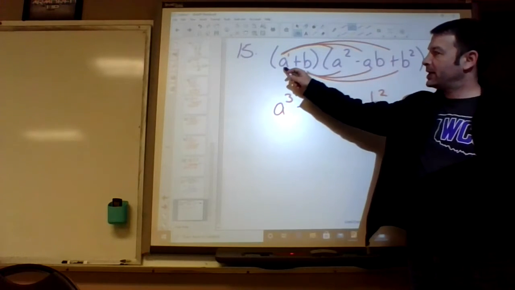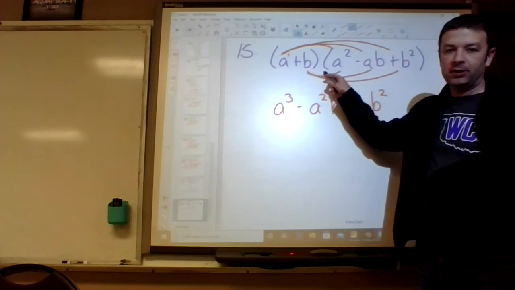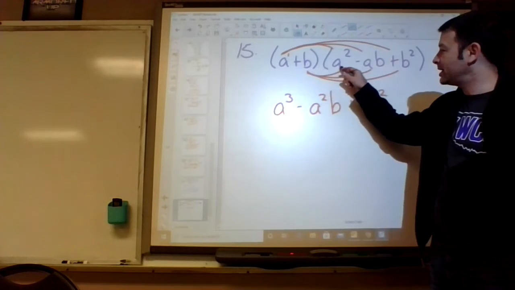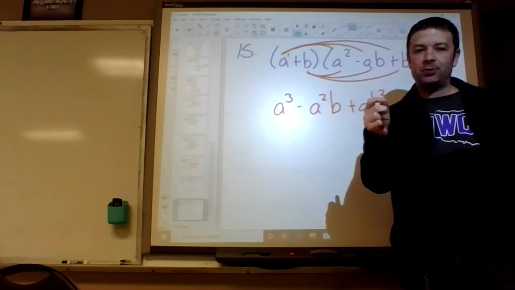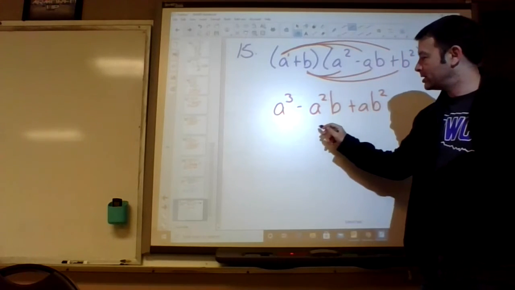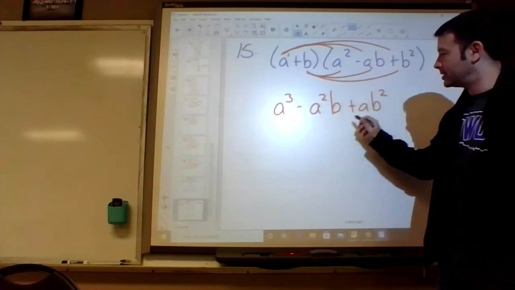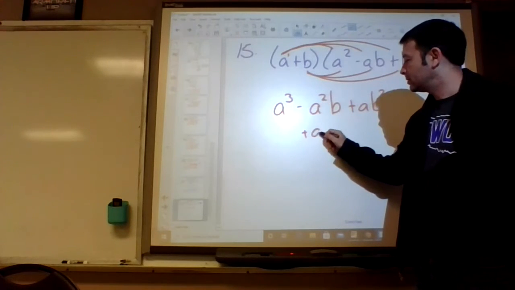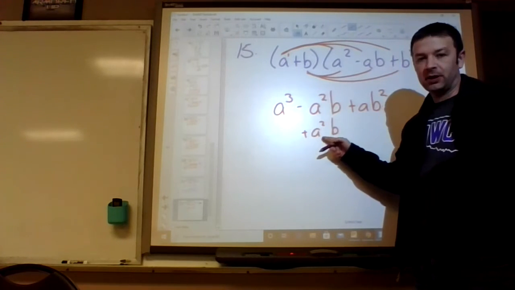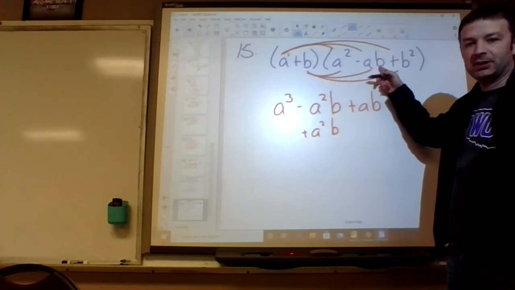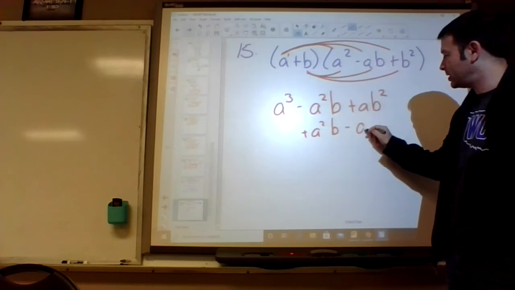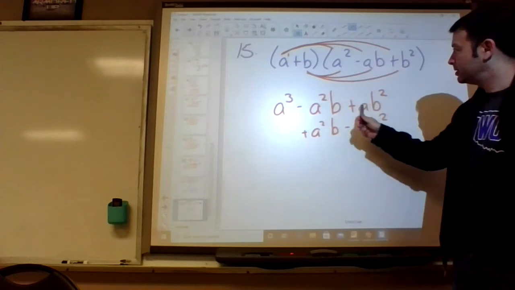Okay, so I'm done multiplying the A out, now I need to multiply the B out on all these. So B times A squared, instead of putting B A squared, I'm going to put A squared B. And instead of putting it out here, I'm going to stack it, because these are like terms. B times minus AB is minus AB squared.